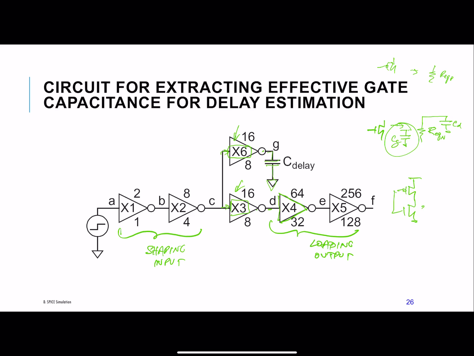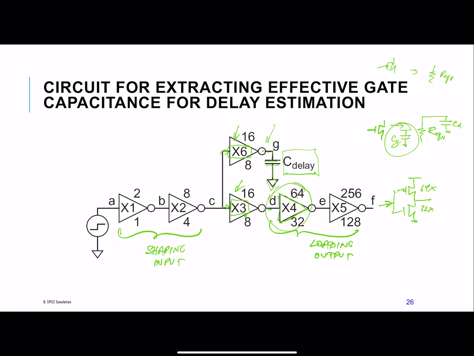32 by 64, so this is 32x, this is 64x. That's what this guy's driving. So if you sweep the delay value up and down until the rise and fall time of node G ends up being exactly the rise and fall time of node D, then you've tweaked this delay to be exactly the input capacitance of this inverter.